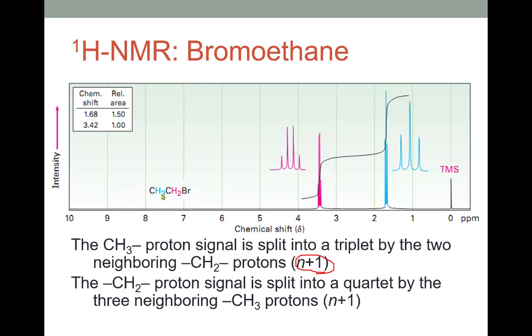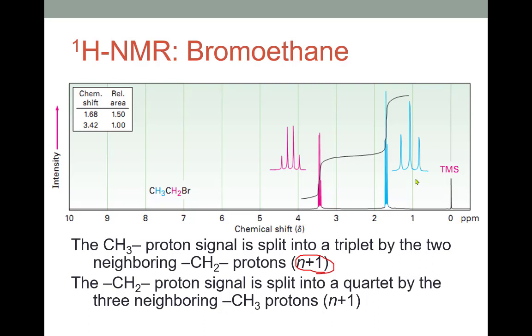Those 3 neighbors, and I'll show you this on a diagram on the next slide, will split the pink signal into 4, 3 plus 1, into 4 peaks. We call that a quartet. And the ratios that we'll get are a 1 to 3 to 3 to 1 ratio. So if we zoom in on this pink blob, we see this 1 to 3 to 3 to 1. That tells us that whatever hydrogens gave rise to the pink signal, there was a group of 3 hydrogens on the neighboring carbon.